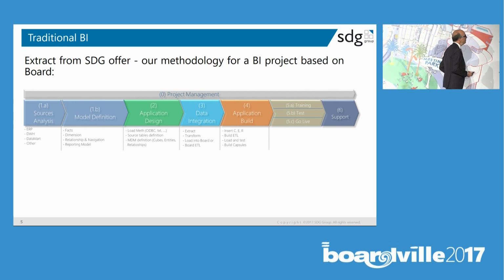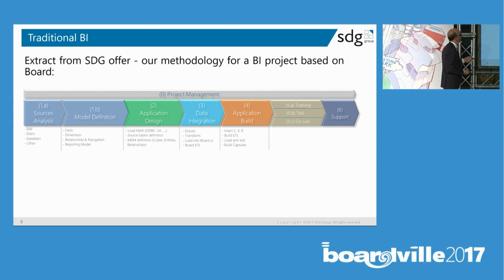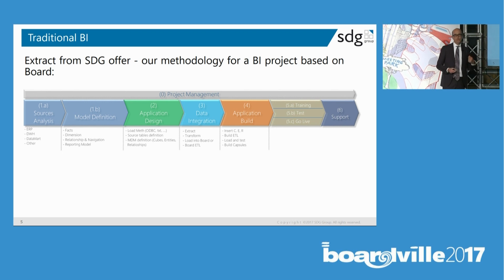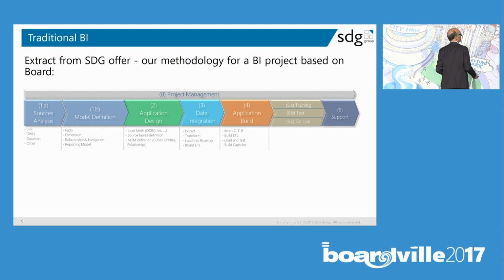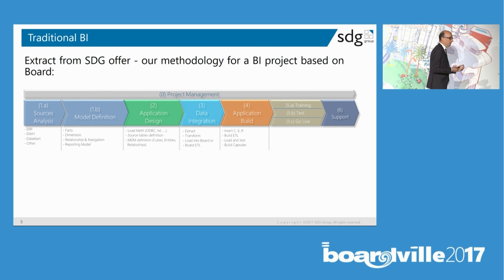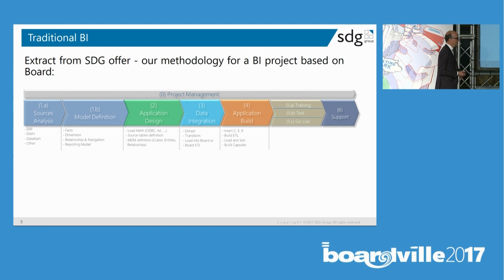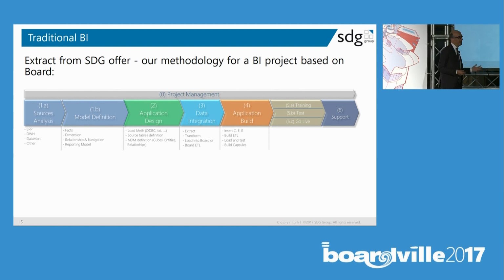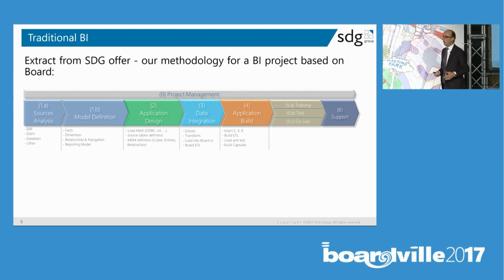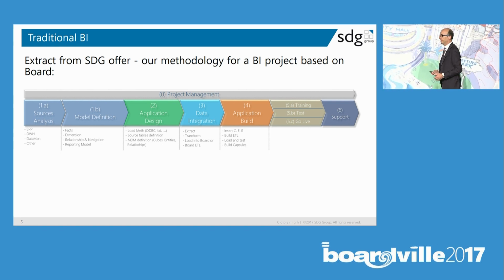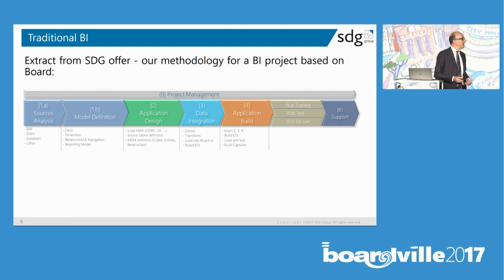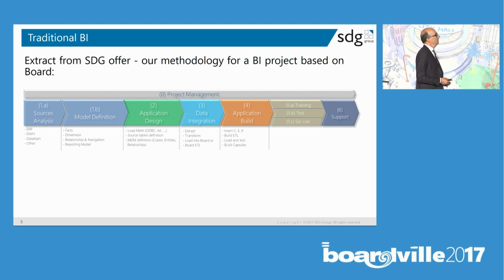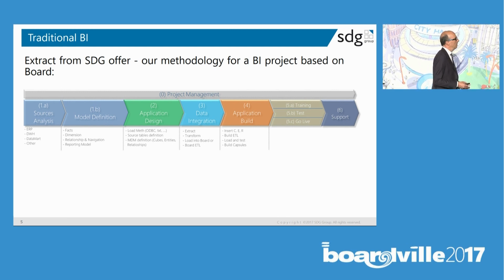Then we define on the paper the model. So we describe the variables, the facts, the dimensions, relationship between dimensions and the navigation paths. Then we design, always on the paper, the reporting model. The application design is referring to the functional model of the system.